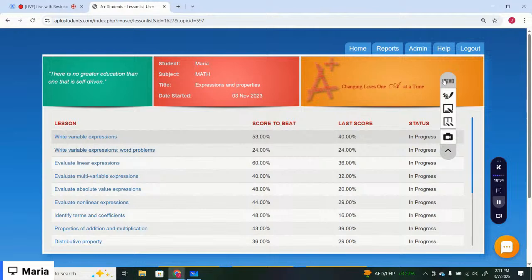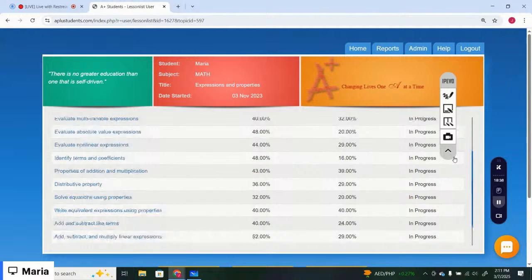The next lesson is solve equations using properties.